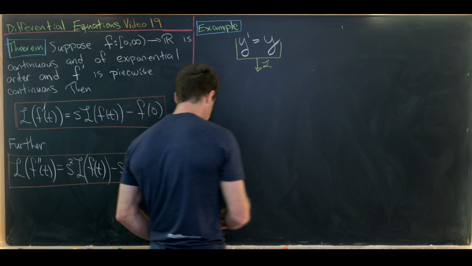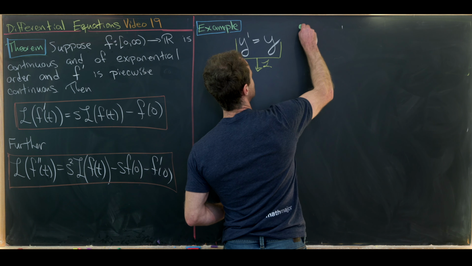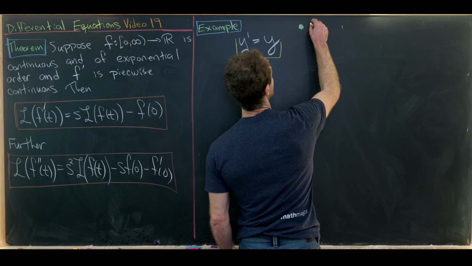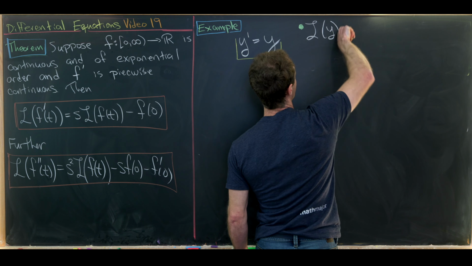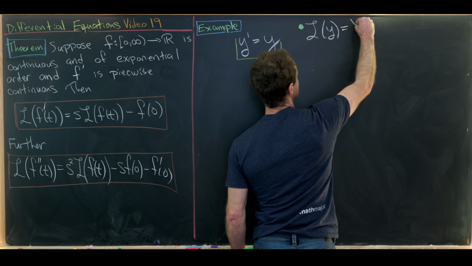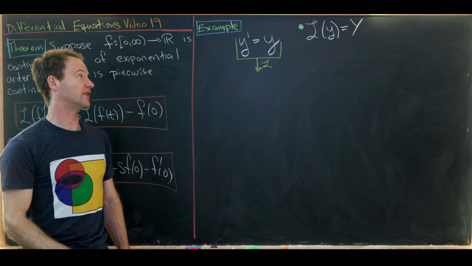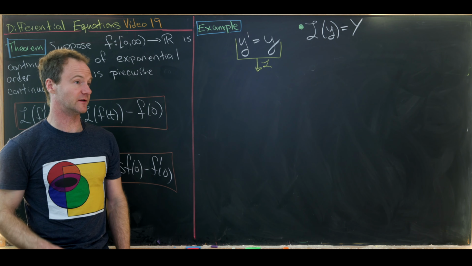But before we do that, let's introduce the following notation, and this notation will be used over and over and over for these types of problems. And that is the Laplace transform of lowercase y, thought of as a function of t, is uppercase Y, thought of as a function of s. Okay, that'll just help us out with a little bit of notation.